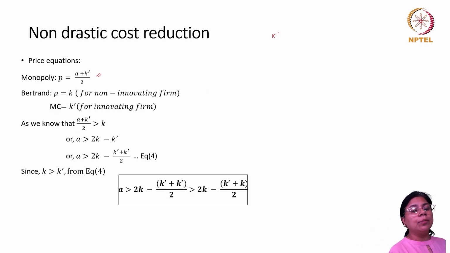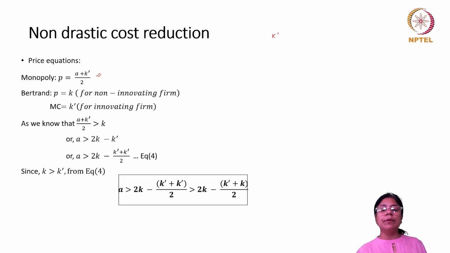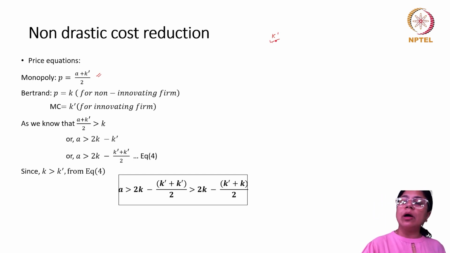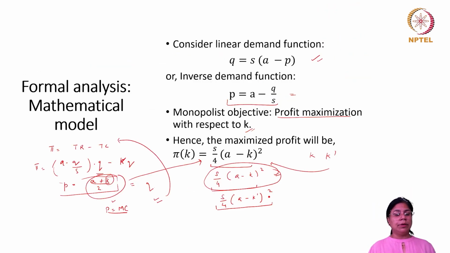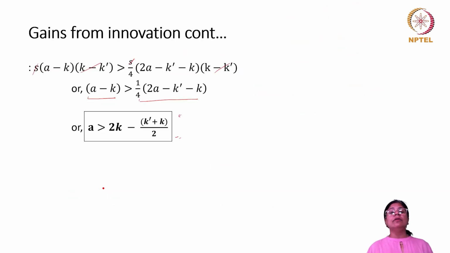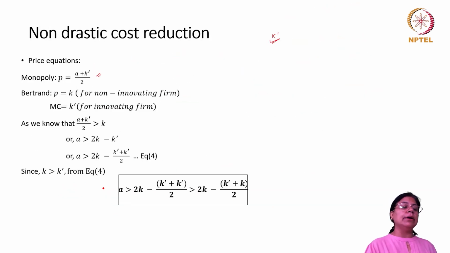In order to do that, once again, we go to the price which will be charged by a monopolist if the cost of production is now K prime. As we have seen earlier, here when your cost was equal to K, price was equal to A plus K by 2. As the cost reduces to K prime, clearly price will now be equal to A plus K prime by 2 for a monopolist.